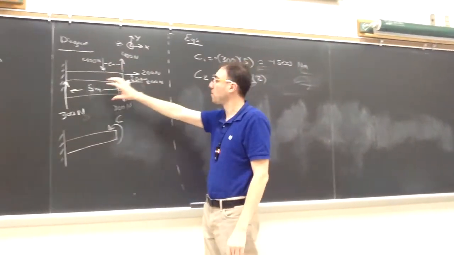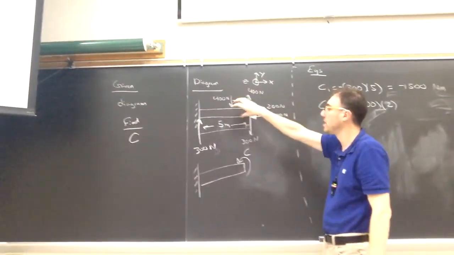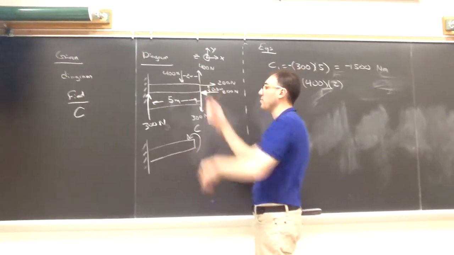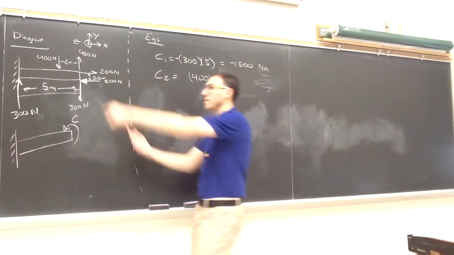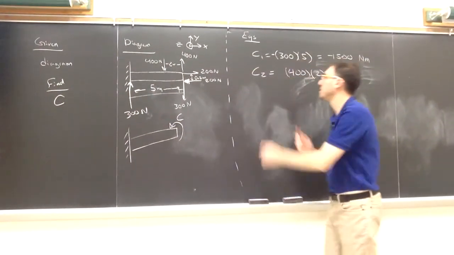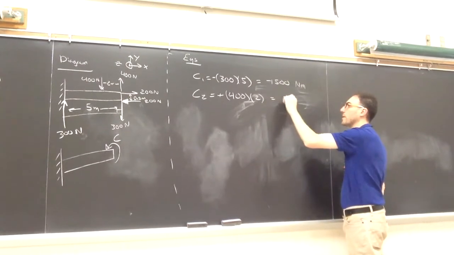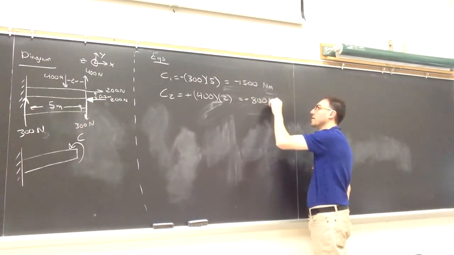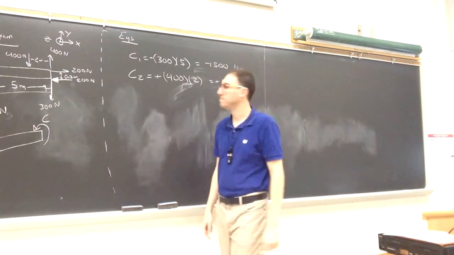Ignoring all the other forces, if we were just to apply these two forces on this beam, what direction would the beam want to spin? If we did this, we would want to spin counterclockwise, so this is going to be a positive value for the couple. So we're going to get a positive 800 Newton meter contribution from the 400 Newton couple.